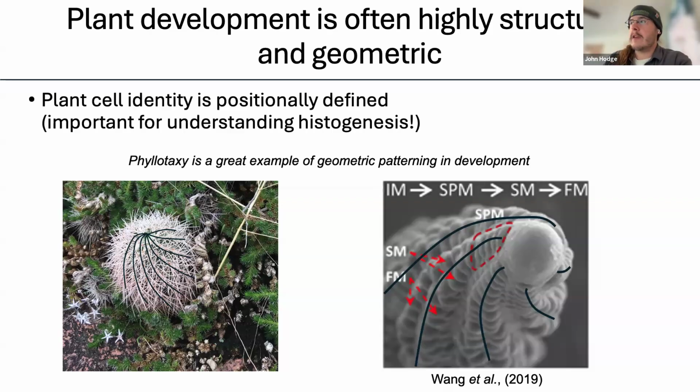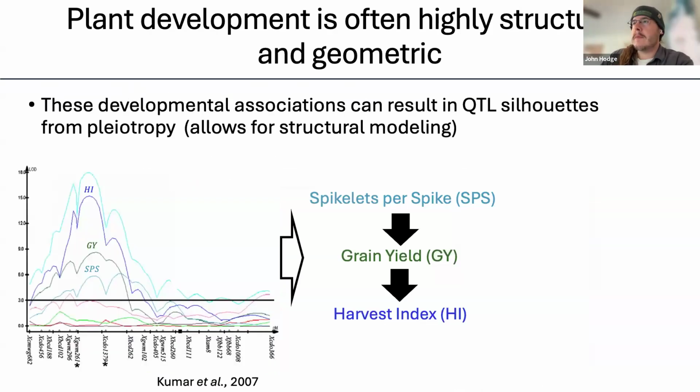Another thing that's really nice to think about once you realize that these systems can be geometric is that a lot of people that do genetic mapping aren't just measuring one trait, they're measuring a couple. And I like to go hunting for these papers wherever I can find them. This Kumar one is just a good example, where you'll have these complex traits that are either related to something agronomic like harvest index, sometimes they're related to fitness or other performance traits.